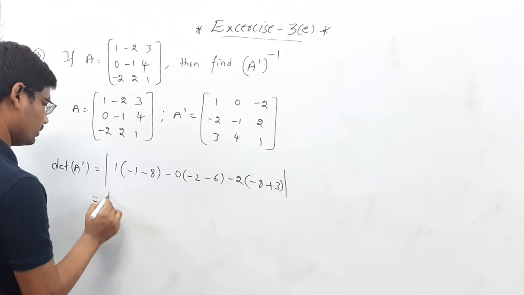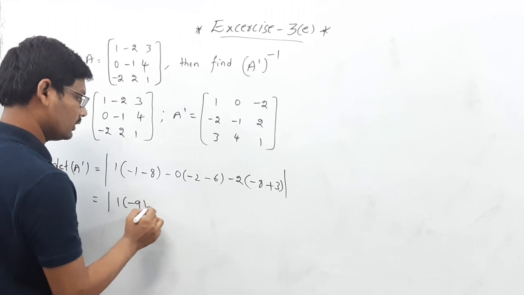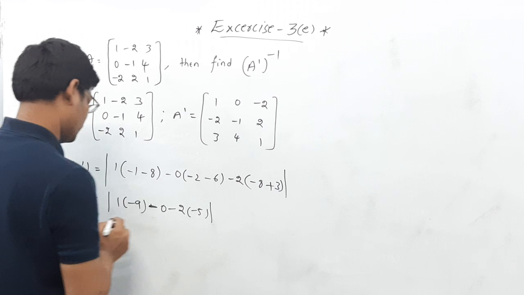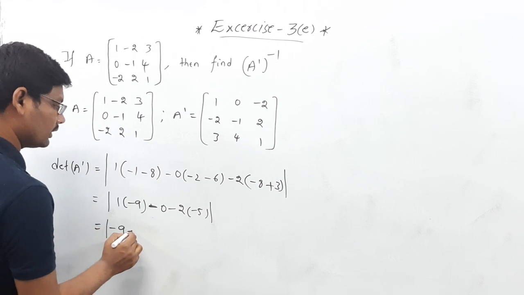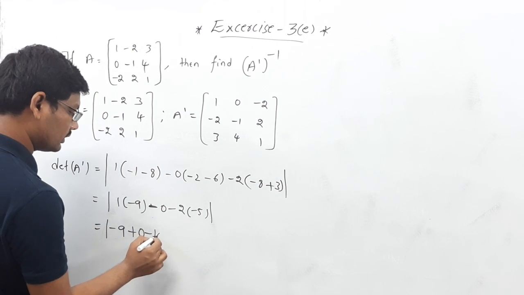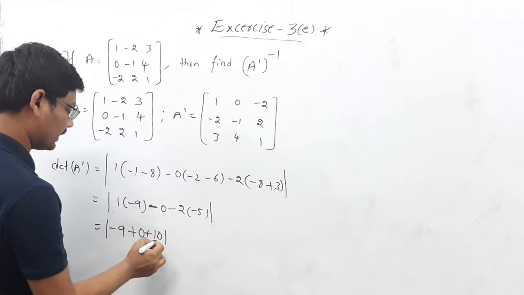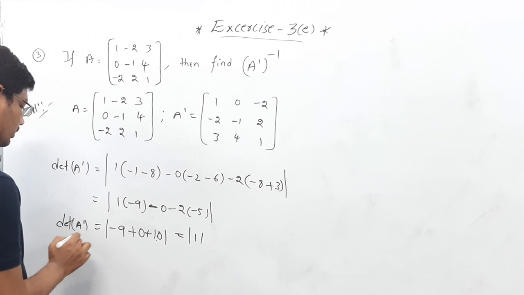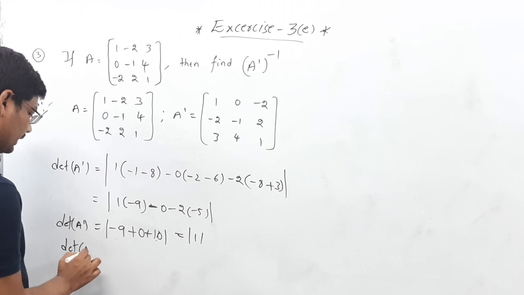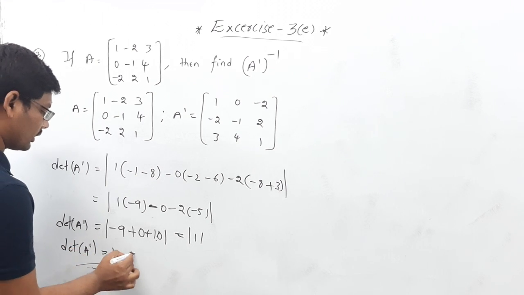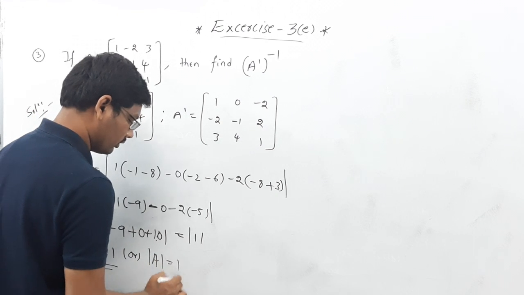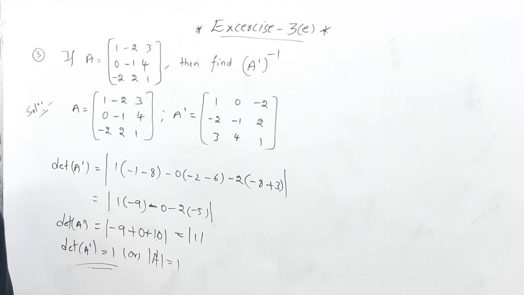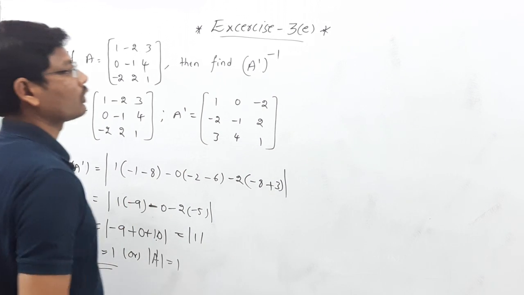Now 1 into minus 9 plus minus 0 minus 2 into minus 5, this is equal to minus 9 plus 0, minus into minus becomes plus 10, and plus 10 minus 10 will become 1. Here det of A dash is equal to 1, or mod of A dash is equal to 1. Let's find the cofactor.